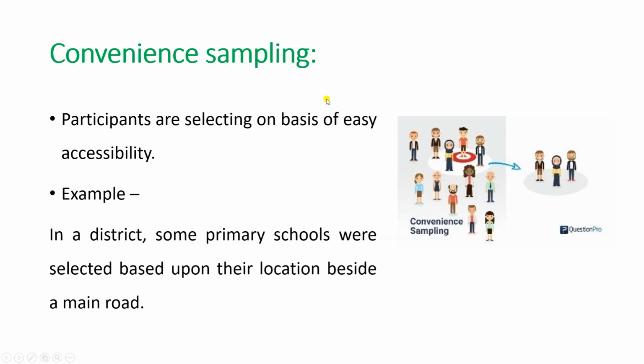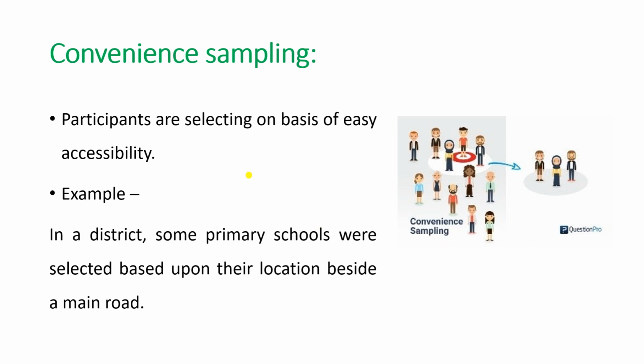What is convenience sampling? Participants are selected on the basis of easy accessibility. So in a district, some primary schools were selected based upon their location beside the main road. So suppose there is some research going on school going children, and this is a distant area and a distant district.